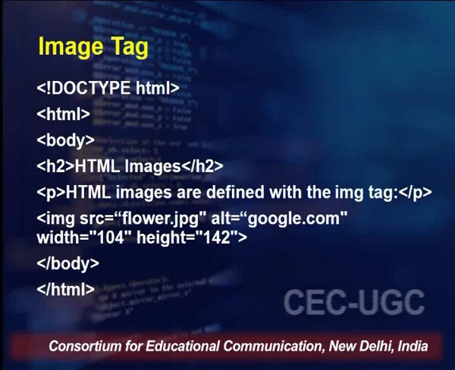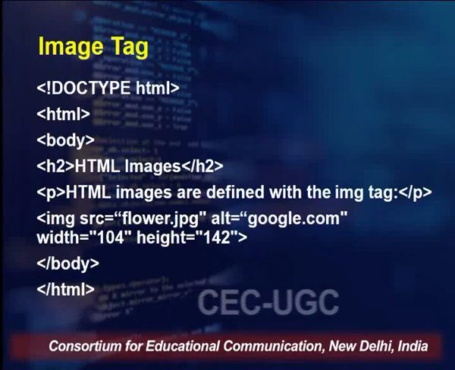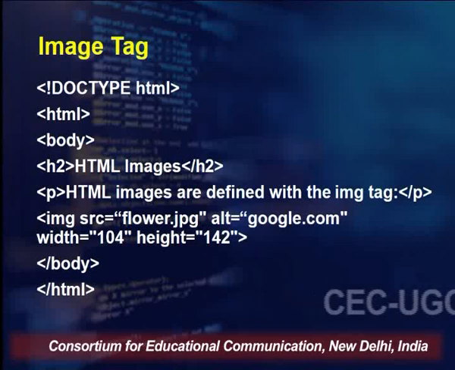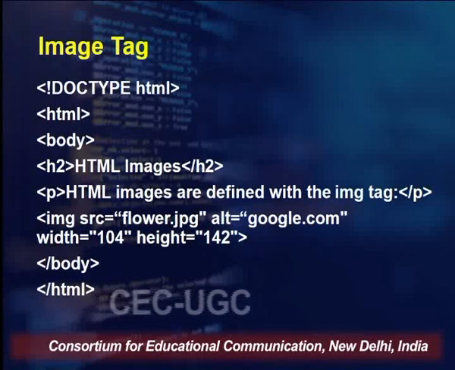Apart from src, width and height, we have one more attribute for the img tag, and that is alt. Alt is the text which will be displayed alternatively.